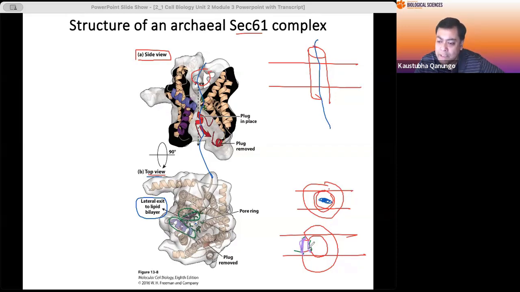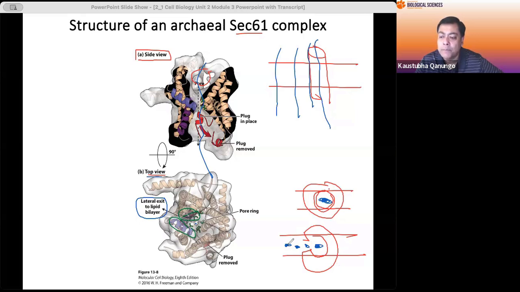What happens is that these gates actually move out. When the protein needs to exit sideways, they will move out and the protein will extrude into the membrane like this. So the protein will move through here, and now it is a membrane protein. This is the side view.